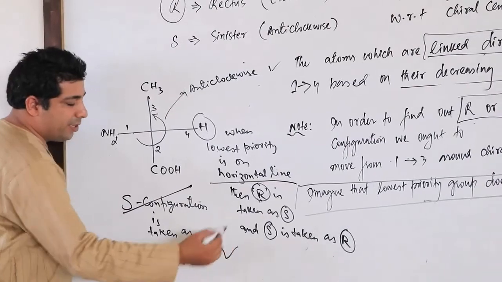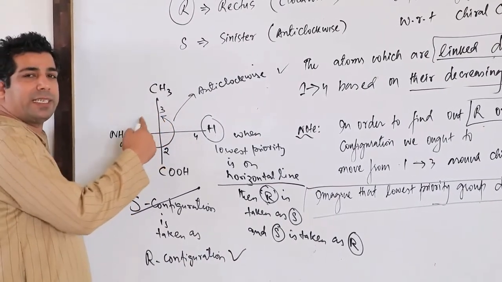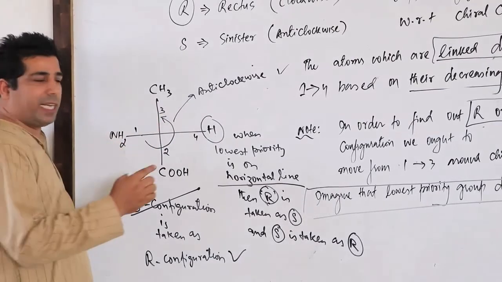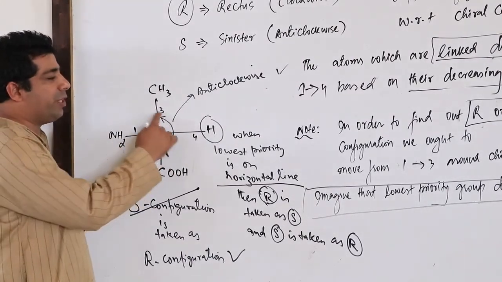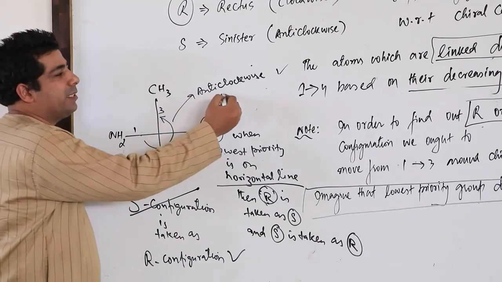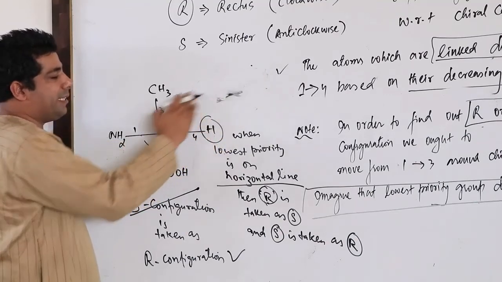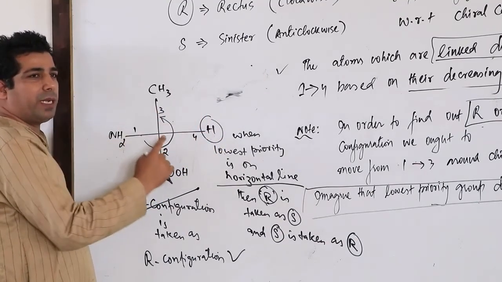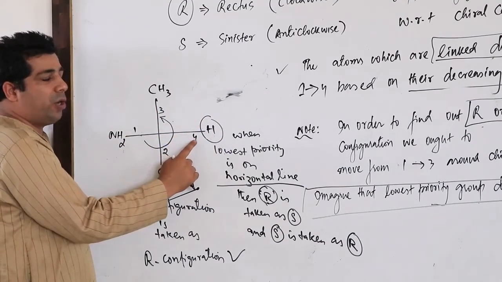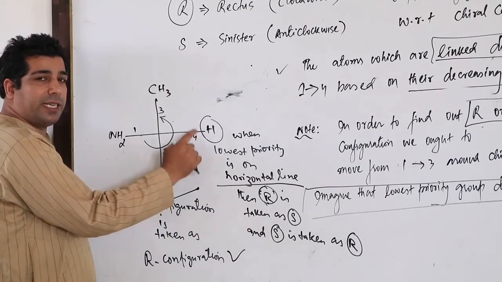So these are the certain tricks you have to remember. No doubt, the arrow will tell you here that it is S configuration. Arrow will tell you that you are moving from 1 to 3 in anti-clockwise direction. But your lowest priority is on horizontal line. Because of the presence of lowest priority on horizontal line, what happens?